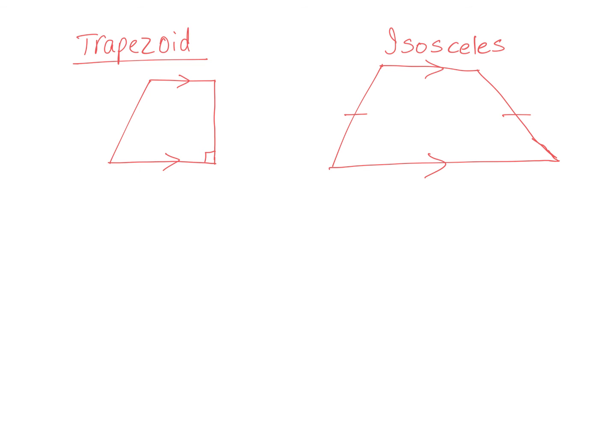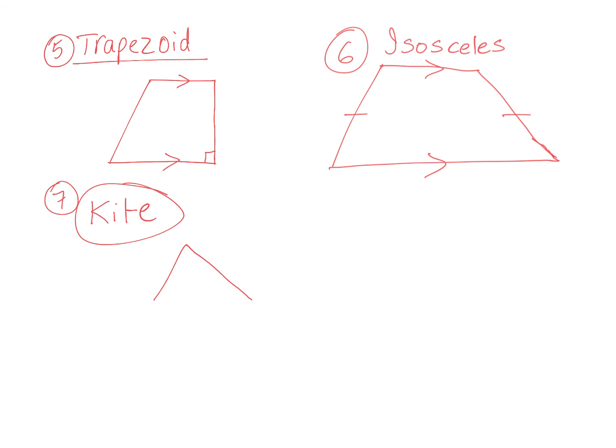And then you could have another shape called the kite. So that looks more or less like this. You may have seen something like this. So these two sides are equal. These two sides are equal.